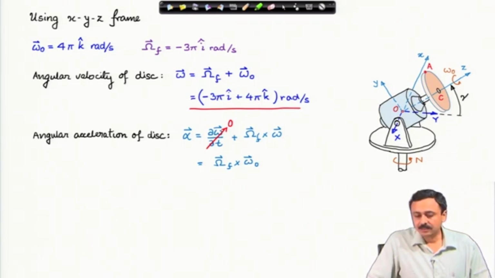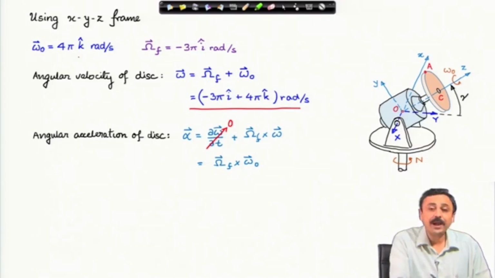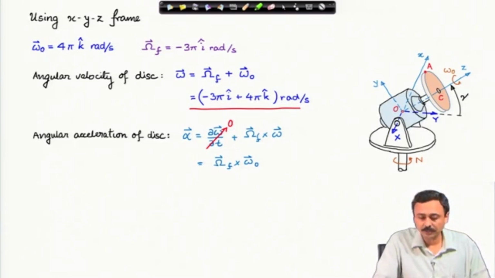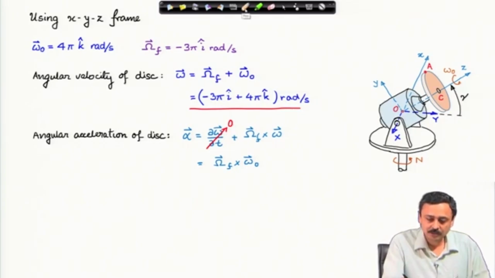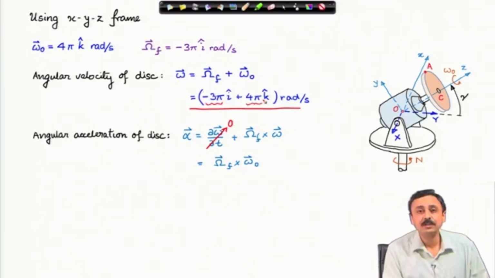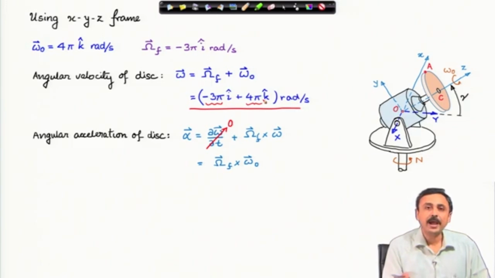Since the magnitude of omega naught is constant and the magnitude of omega f is constant, there is no local derivative. Here you should note what is meant by this local derivative. Had these been a function of time, then you would have a local derivative.